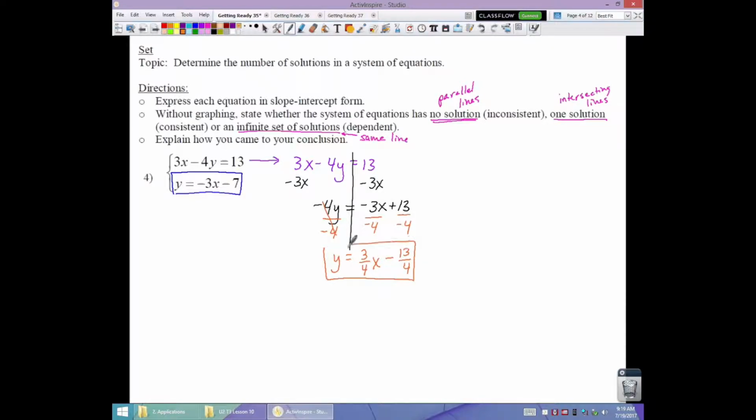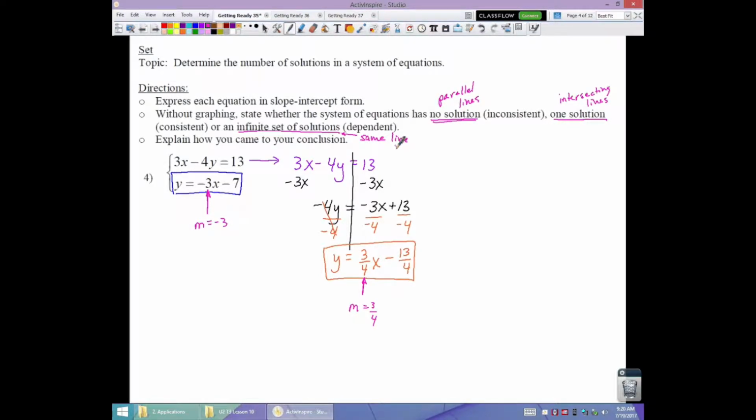So here are our two equations in slope-intercept form. Now what we have to look at is the slope in each one. In the second equation, the one that was already in that form, the slope is negative 3. In our orange one here, our slope is 3/4. Since those slopes are different, the lines cannot be parallel and they can't be the exact same line.